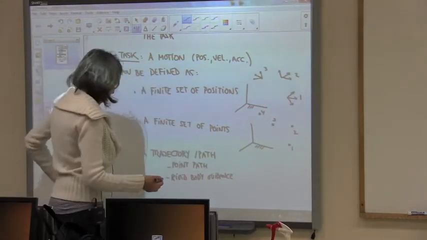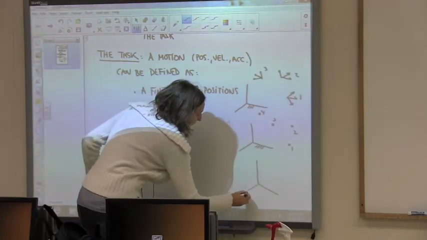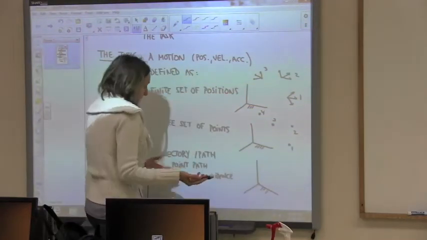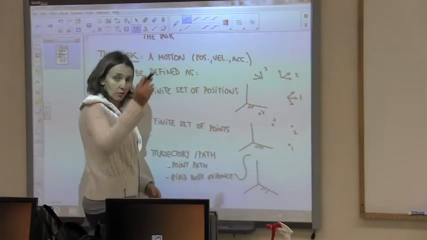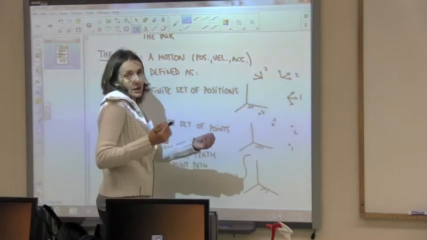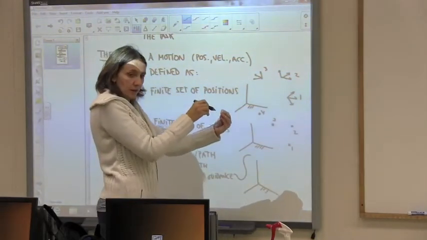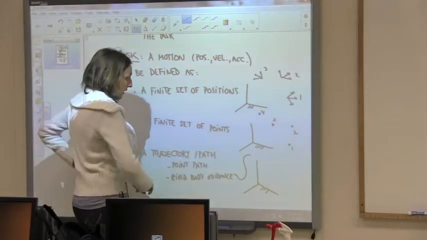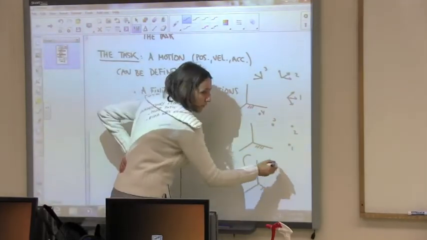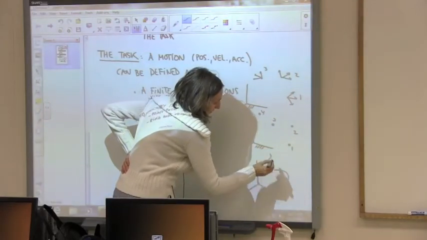And basically, if we were going to draw this, I'm going to draw both at the same time. So a point path would be just a curve here. This is the curve I want my robot to follow, the end effector, and you could select a point. It could be the center of the end effector frame, a tip of a tool, something like that. Rigid body guidance, you will have to define position and orientation.